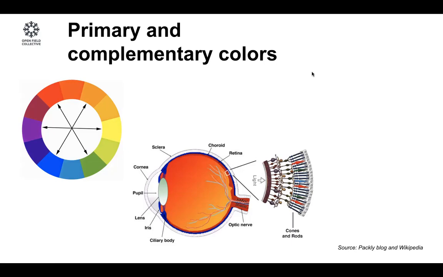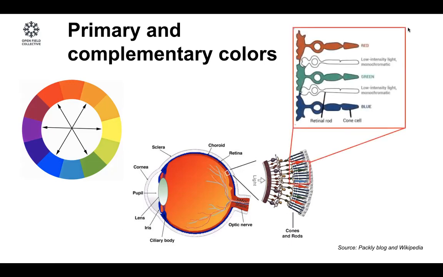We have a distribution of rod and cone cells in our retina to make sure that we see during the day, and also partially see at night. There is a difference in their excitability. When light falls on these cells, they get excited and transmit an electrical signal that goes to your brain, which we perceive as light.